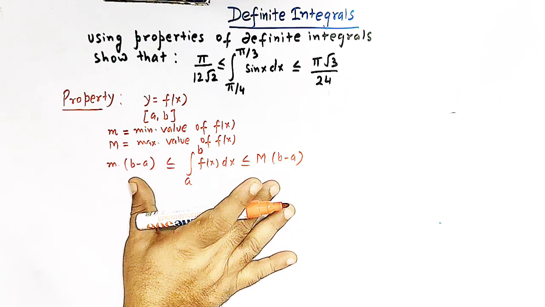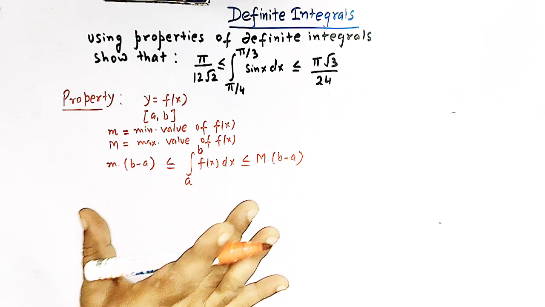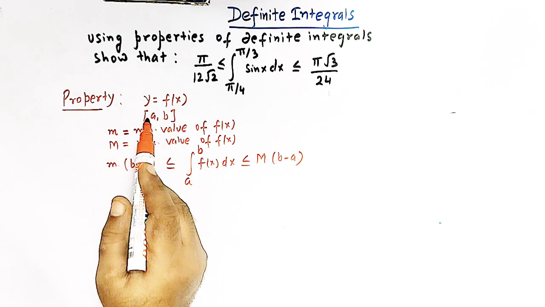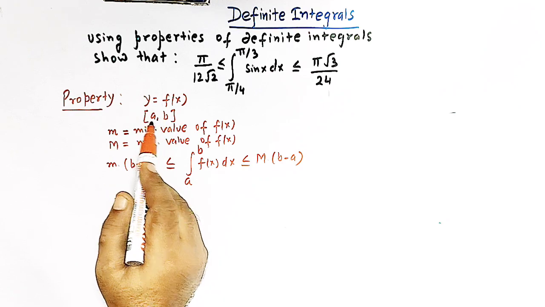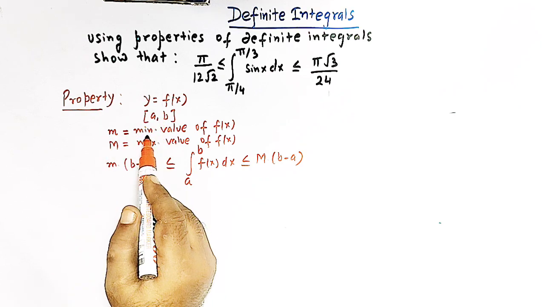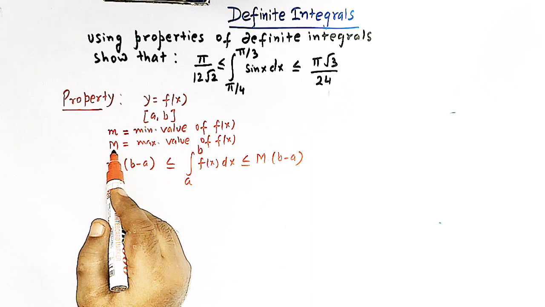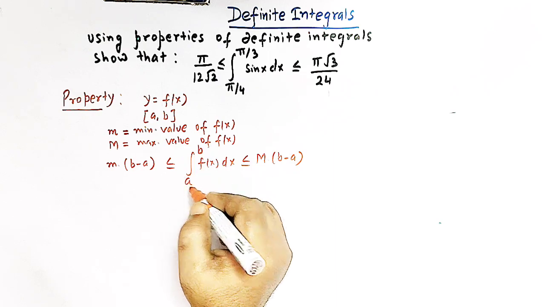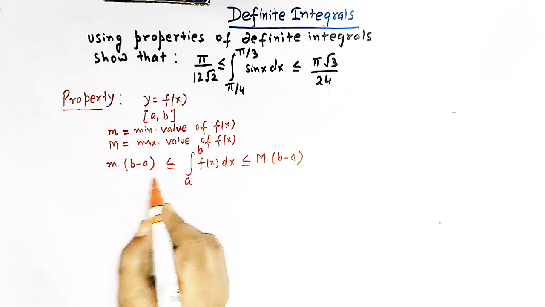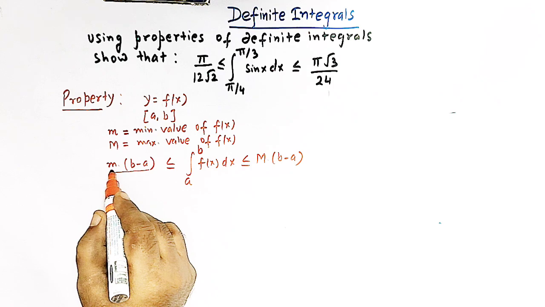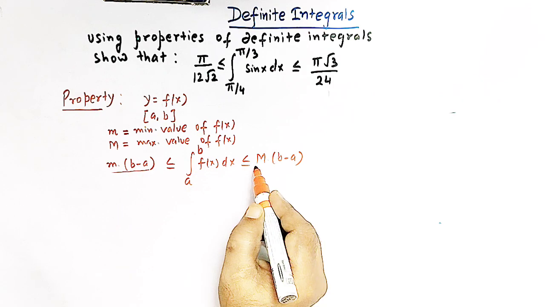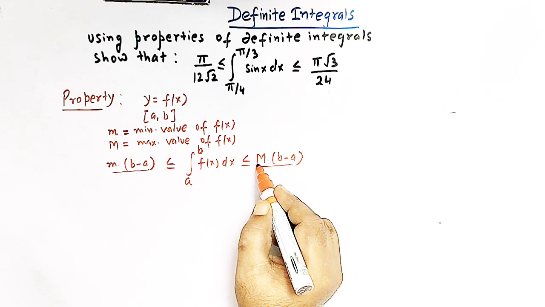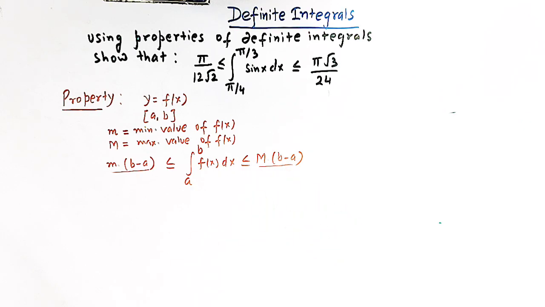So this is an important property of definite integrals, which states that if we have a continuous function y is equal to f of x defined in some interval a comma b, and small m denotes the minimum value of f of x and capital M denotes the maximum value of f of x, then the value of this integral is greater than or equal to m times b minus a, and less than or equal to capital M times b minus a.